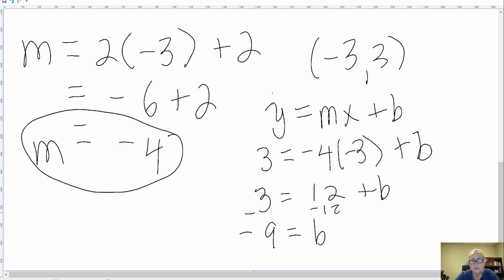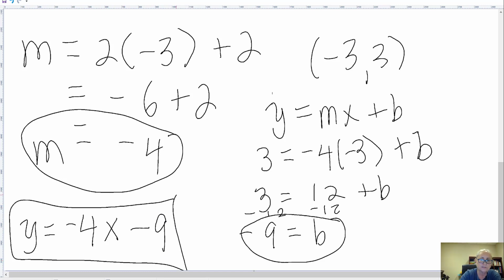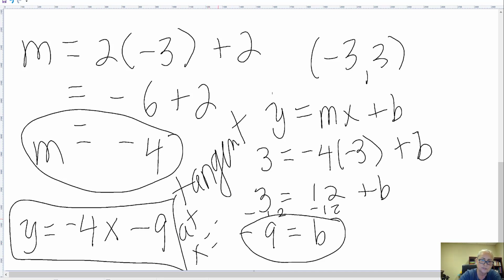Subtract 12 from both sides. So now we know the equation of the line that is our tangent to the curve at that point is negative 4x minus 9. This is the equation of the tangent at x equals negative 3. Negative 4x minus 9. So we found the equation of our tangent line by using the slope we found using the limit difference quotient, and the point, we plugged it in and we got an equation.